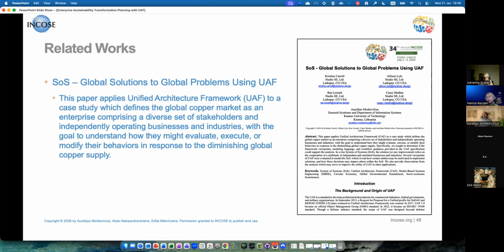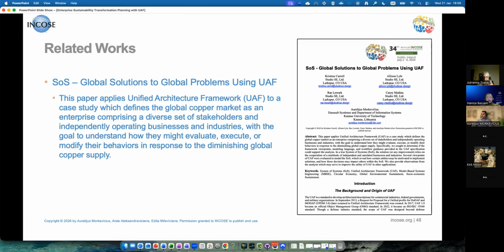One more study related to sustainability that we published 2 years ago with our partners from SE Studio is what we call systems of systems, global solutions to global problems using UAF. So it's different. It's not related to the study I presented today, but it's related to sustainability. It really talks about the global copper market. This is where we did an extensive strategic analysis on what the drivers are for different enterprises in the global copper market to go towards more reusability and recycling of copper, rather than extracting more and more of it and raising its price in the global market.